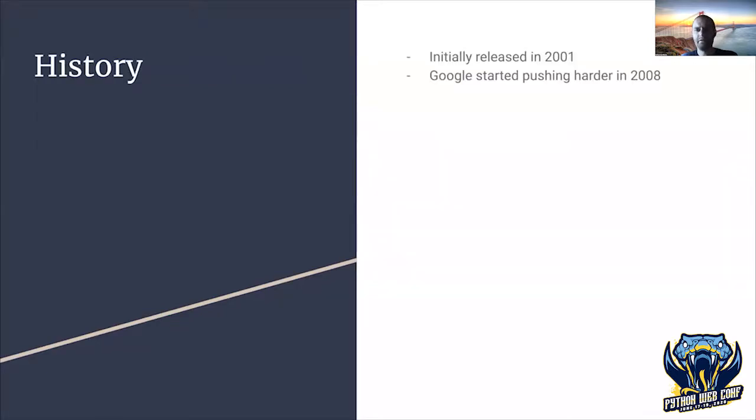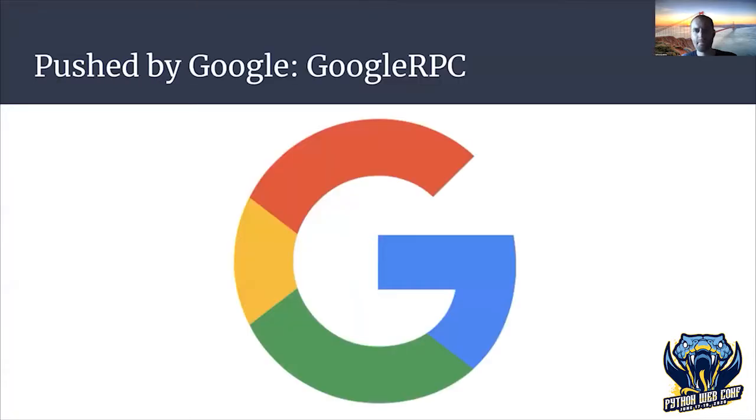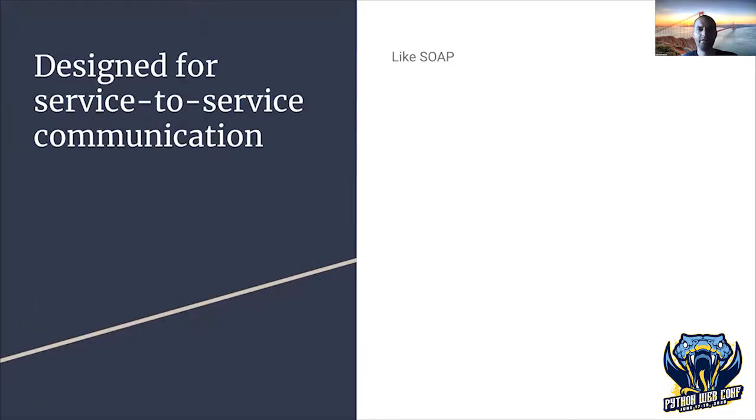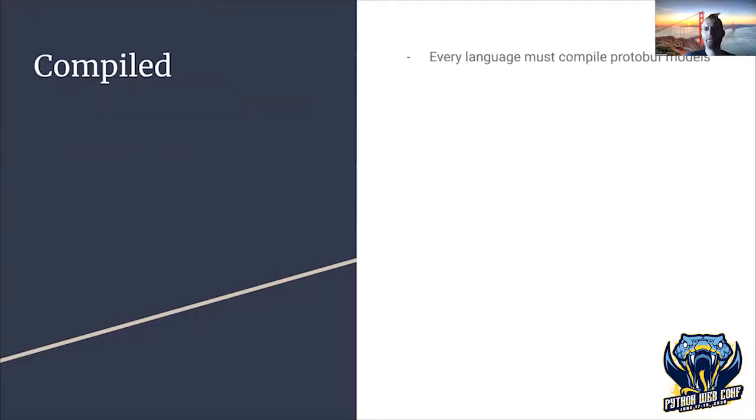Yeah, so it was initially released in 2001, and Google started pushing it harder around 2008, and almost all Google services have gRPC layers that you can interact with. It's pushed by Google. Let's keep going. It's compiled, though, so every language needs to compile it.